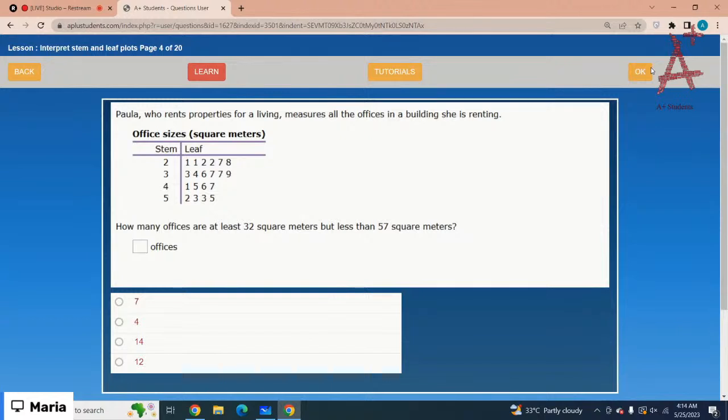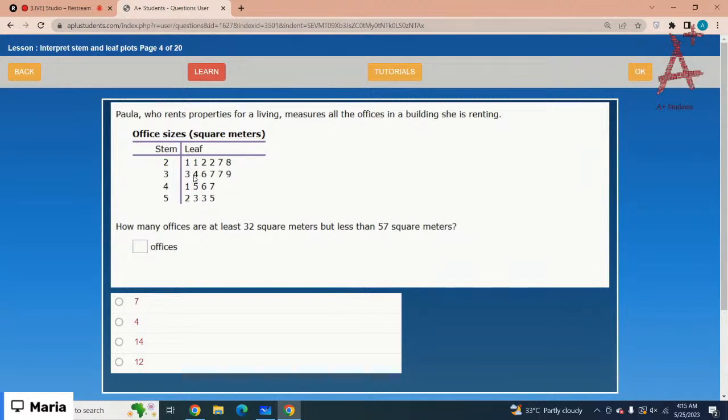So you have to count the values that are between 32 and 57.